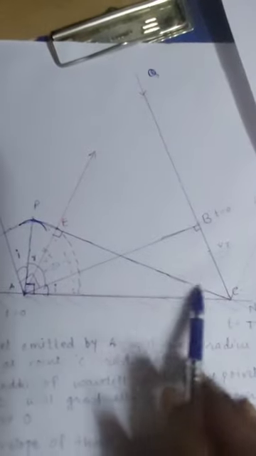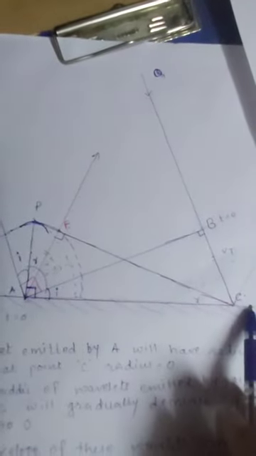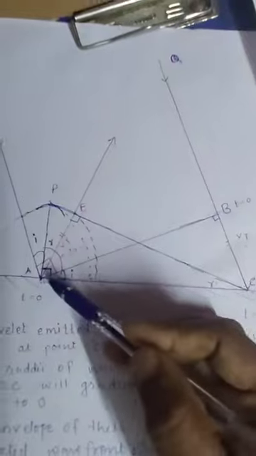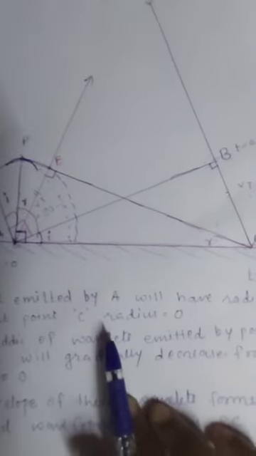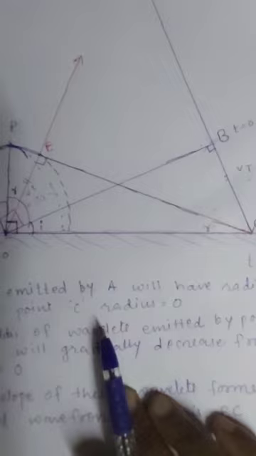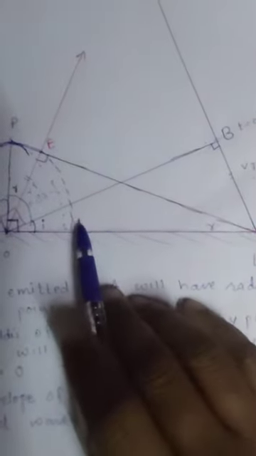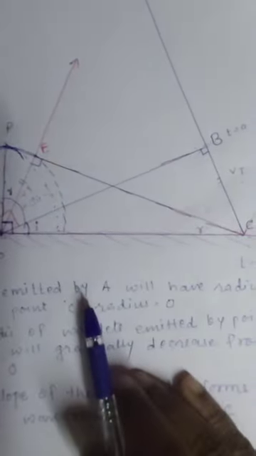Then AC is common to both, right? And again, AE is equal to BC. That's why these two triangles are congruent to each other, by the hypotenuse side theorem.